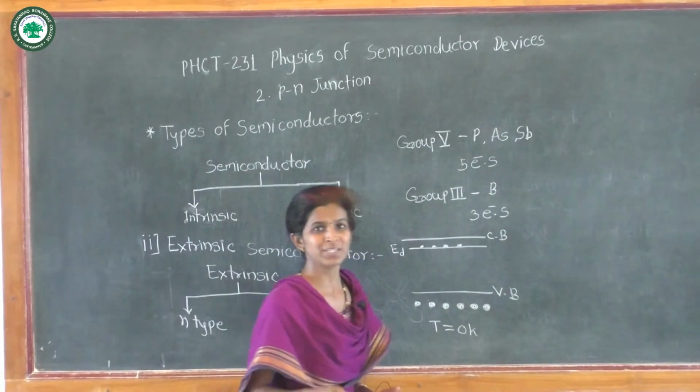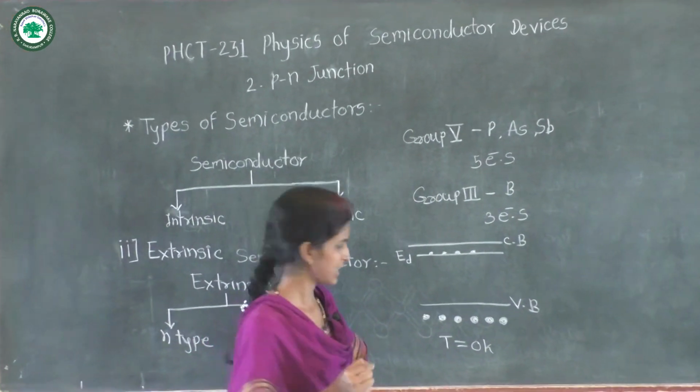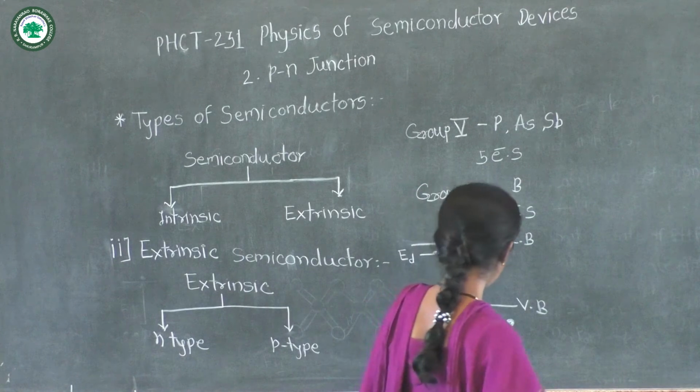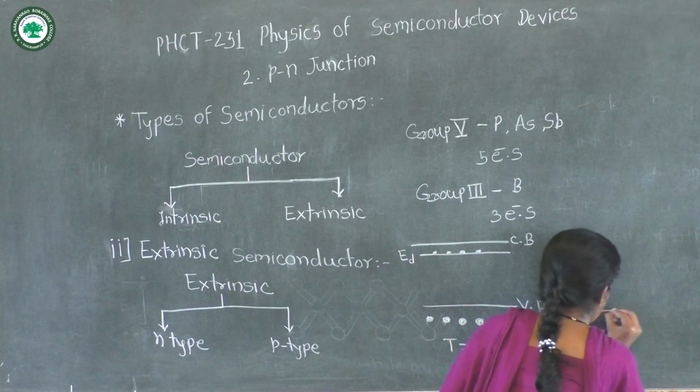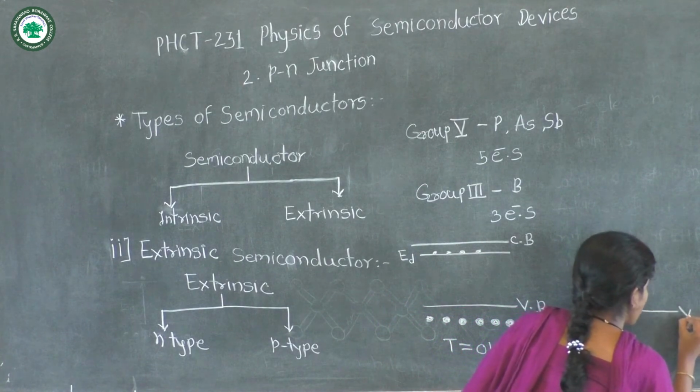When the temperature is slightly increased, that is of the order of 50K, then this is the valence band edge.